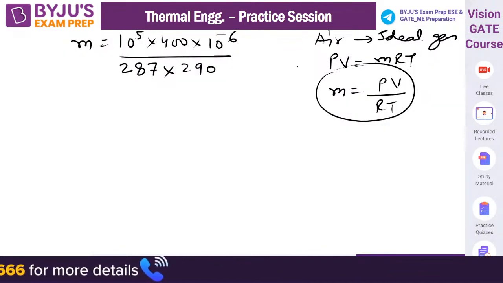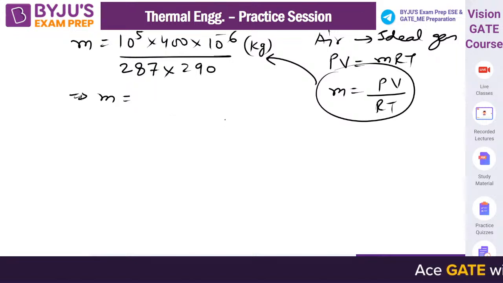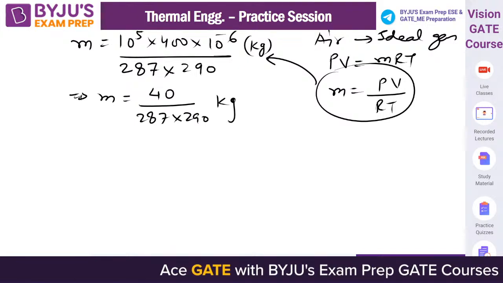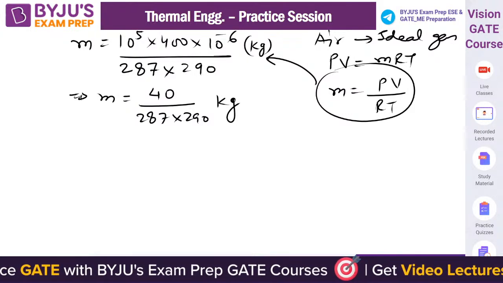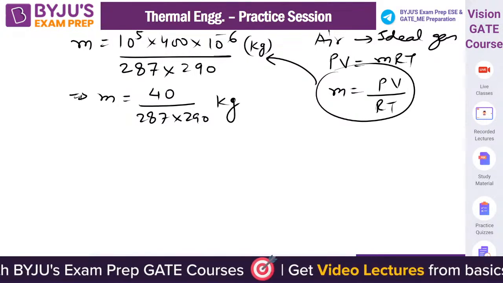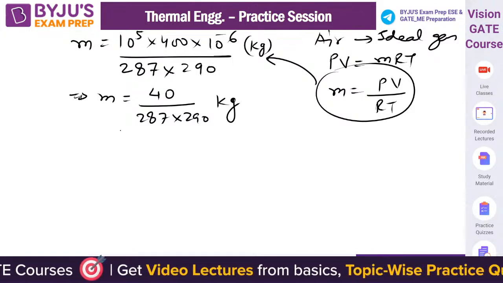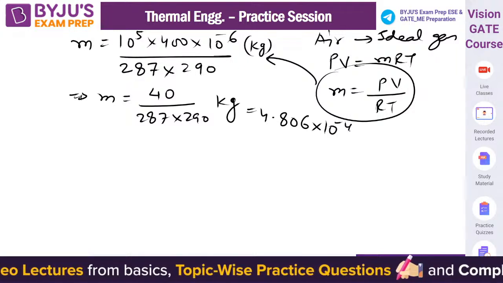If you put all the parameters in their SI unit, then you will get kilogram. What is the value of M? It will be 4.806 into 10 to the power minus 4 kilogram.